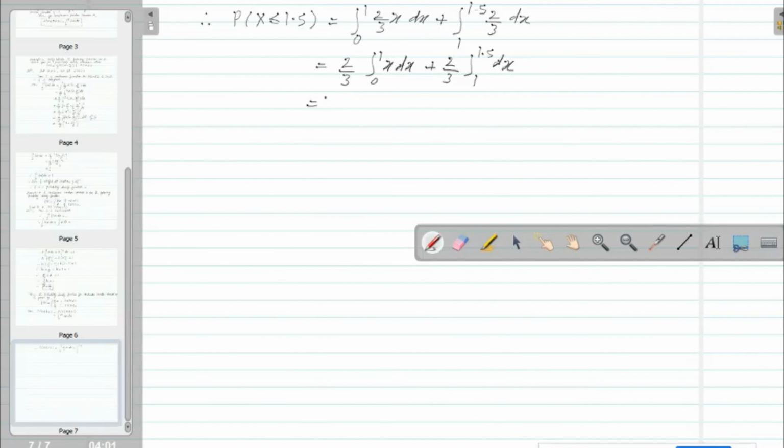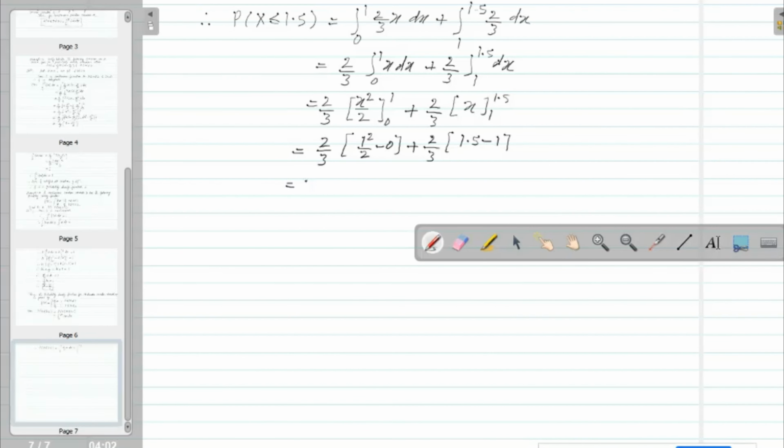Just calculate this. So 2 by 3, this is integration of x square by 2, provide limit 0 to 1, and plus 2 by 3 and x provide limit 1 to 1.5, and this is what? 2 by 3 and 1 square by 2, lower limit 0, and plus 2 by 3, and upper limit is 1.5 minus lower limit is 1.